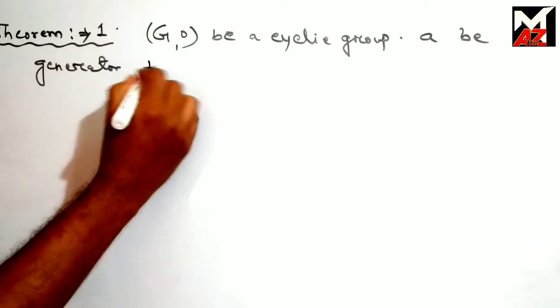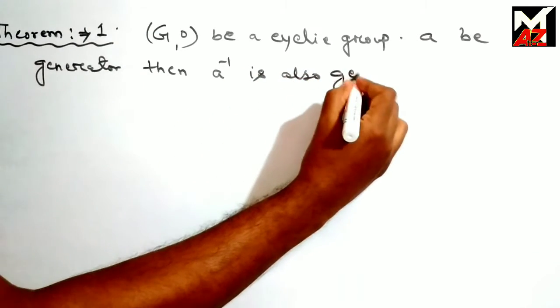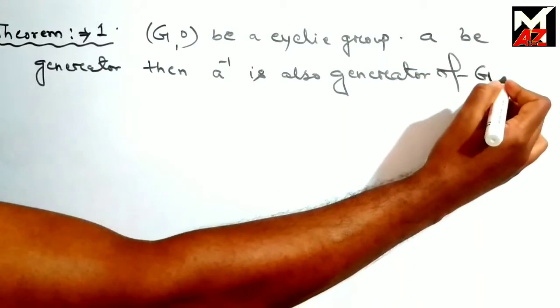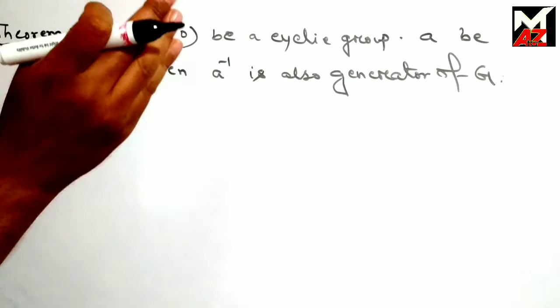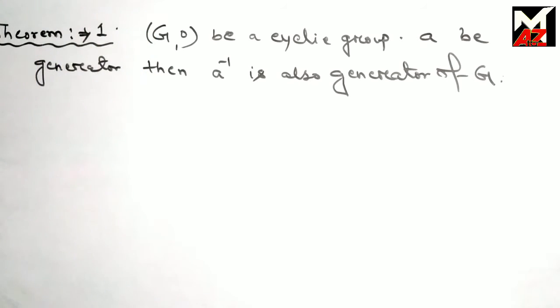Then a inverse is also a generator of G, right? That is, if a is the generator, then the inverse of a is also the generator of G.